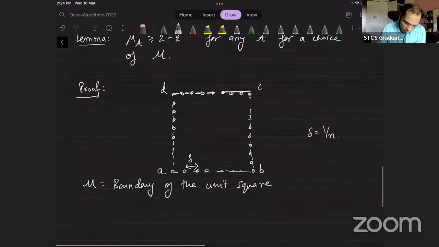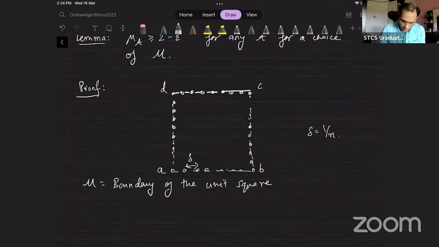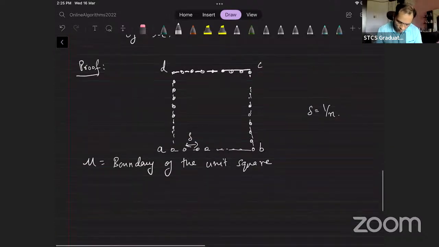Now, can you tell me how to choose an input such that any algorithm will be fooled? It's not too hard. And you want to get to a competitive ratio of 2 minus epsilon. The hard part has been done. So remember, this is 1.